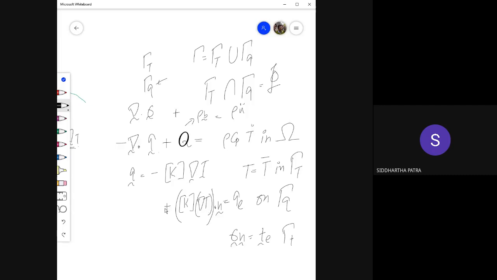But there is another term. This is the convective coefficient and T minus T infinity, convection happening at the boundary through the ambient temperature, because the ambient temperature is different from the temperature at the boundary. So this is another additional term that appears.